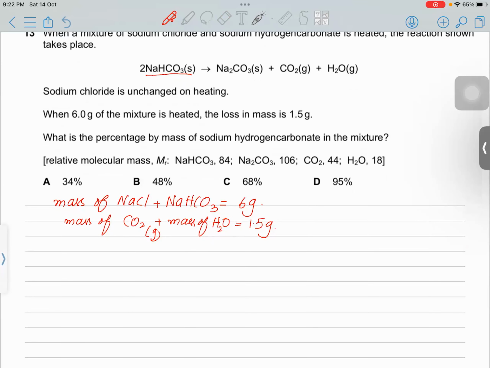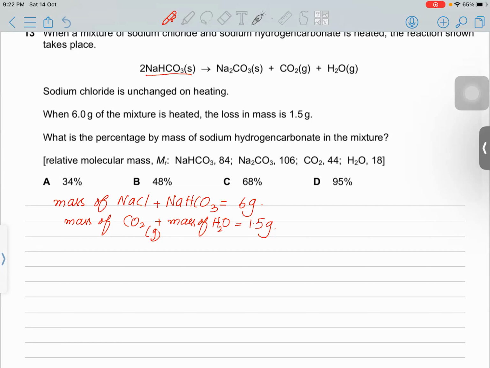Wait, sir, but it said the loss in mass is 1.5 grams here. So the loss is because of the production of gases. So, sir, shouldn't it be 6 minus 1.5 would be the mass of solid remaining? Yes, total mass is 6.